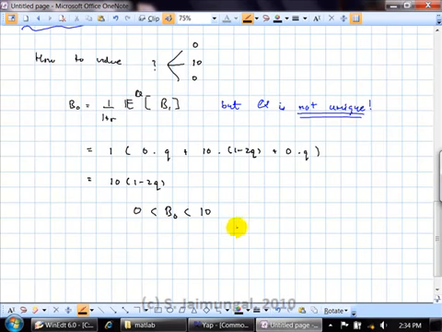So all of these values, any such B0 is a viable no arbitrage price. So allowed, okay? Any of those are no arbitrage prices.